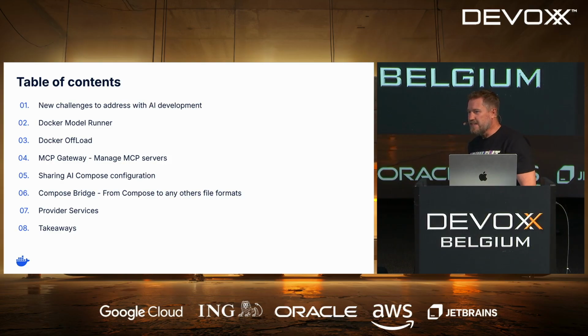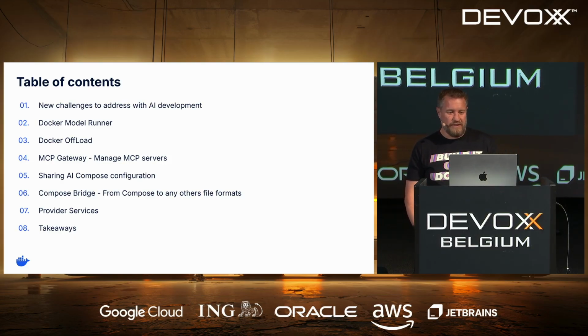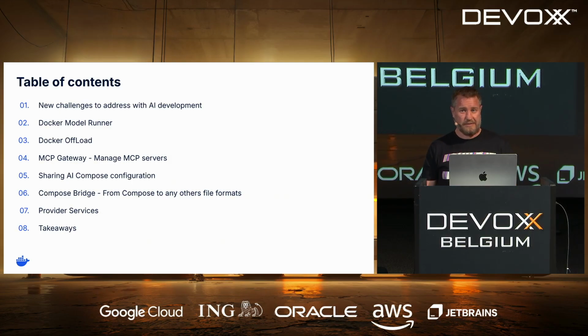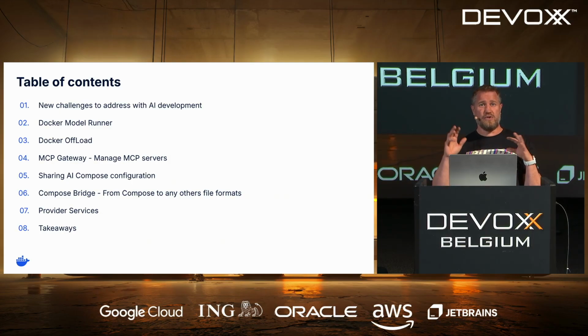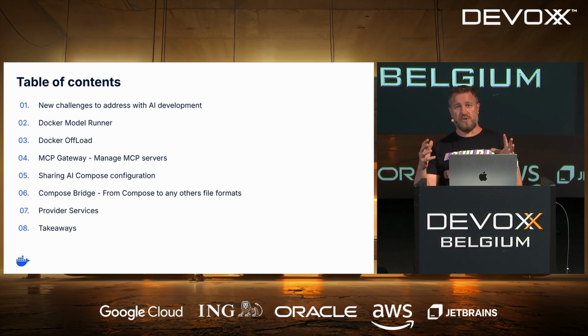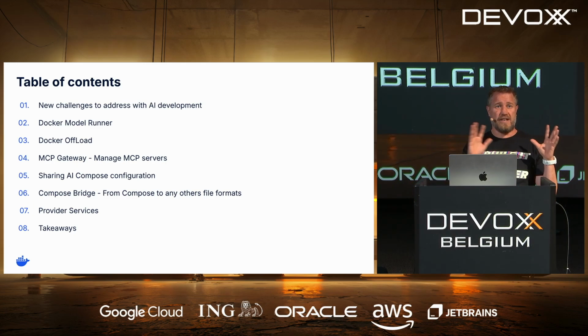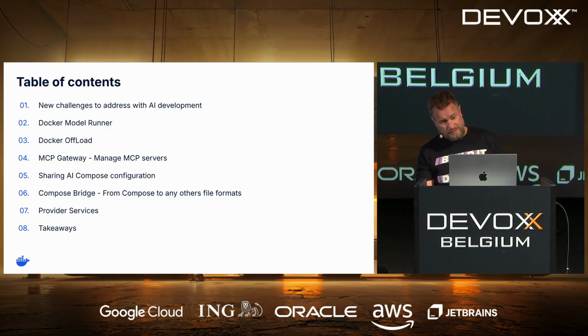What will we see today? We will do a very quick recap of the challenges we have to address with the new paradigm of AI development. I will show you the new features that Compose proposes, but all those features are linked to other tools that will make your developer life way easier and improve your developer feedback loop.